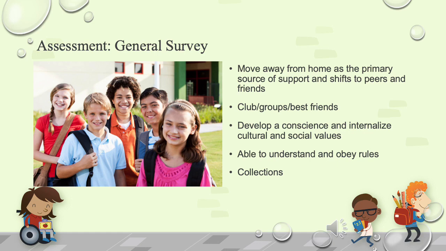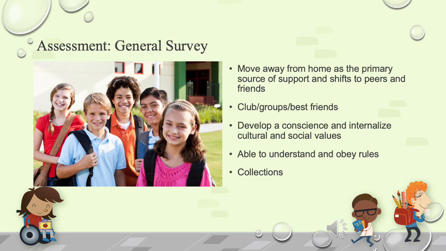The development of consequences and the internalization of values takes place in the middle childhood years. And there are different theorists with variations to the stage, but overall, know that children begin to understand that there are reasons for the rules, and they have feelings of pride or guilt associated with their decisions and actions.